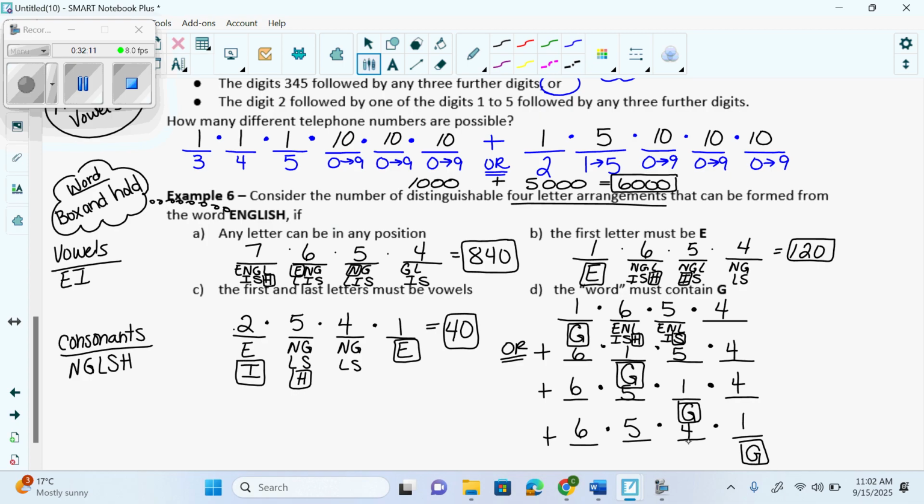So, we could technically go 120 plus 120 plus 120 plus 120, which is 480. Or you could say, okay, the case is going to be 120, and then there's 4 spots that G could be. It's 120 times 4. Which one's better? The one that makes sense to you is better. They're the exact same answer, right? So if drawing out each separate case makes more sense, do that.